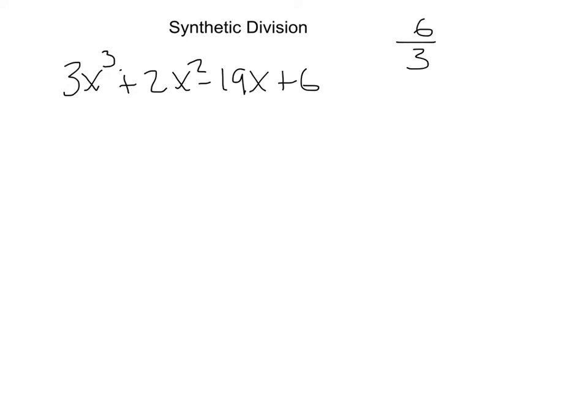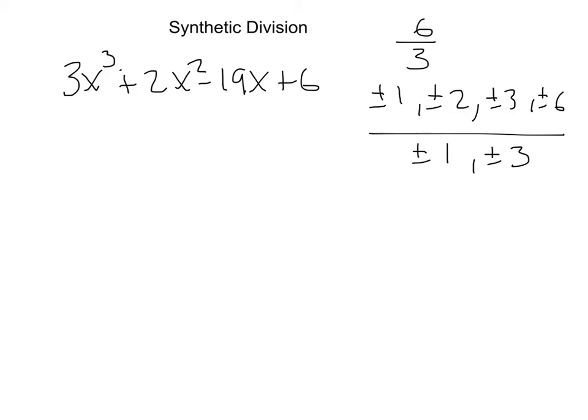Then we're going to list out the factors of 6 over the factors of 3. So we got plus or minus, because it could be both, plus or minus 1, plus or minus 3. Okay, so now what we want to do is pair these up.